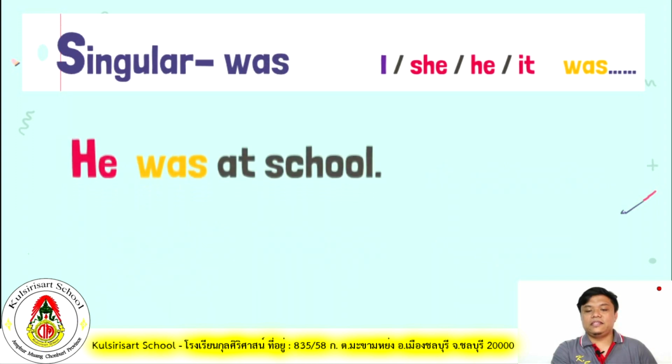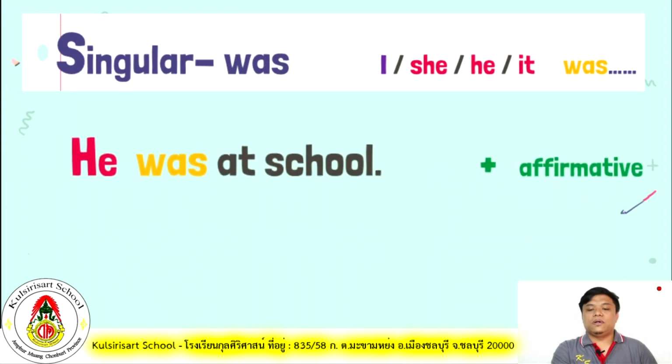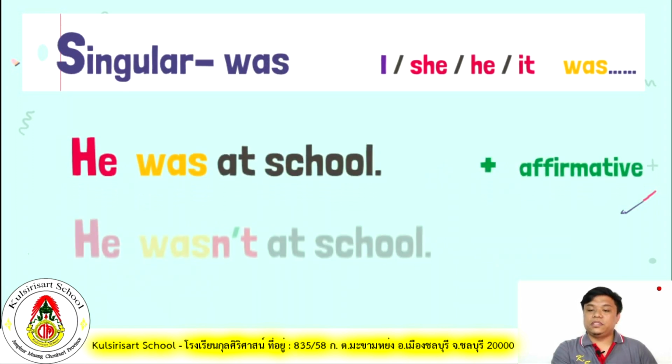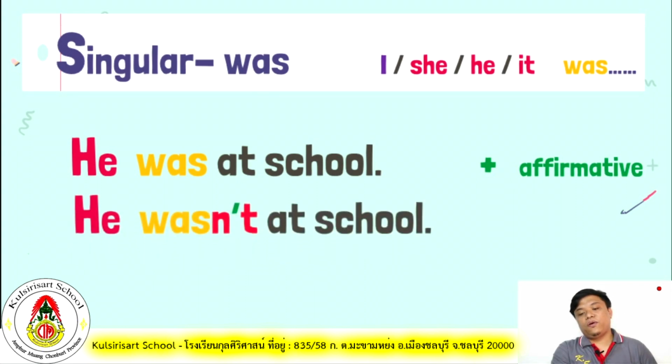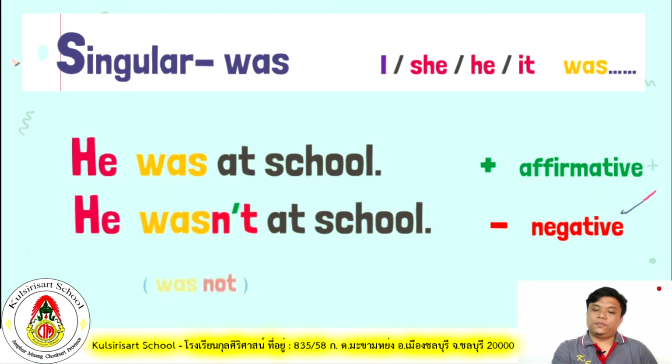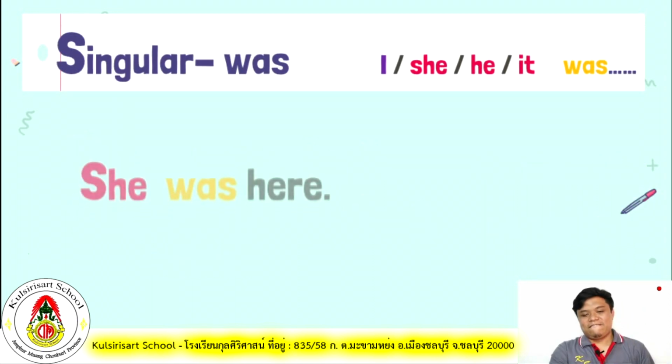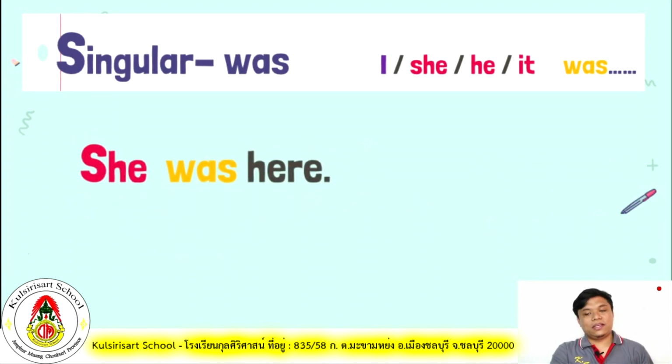Okay, next example: he was at school. It's affirmative. To make it a negative form, you add the word not, and it becomes the contraction. He wasn't at school. Okay, got it? Great. She was here. What do you think is the negative form of she was here?